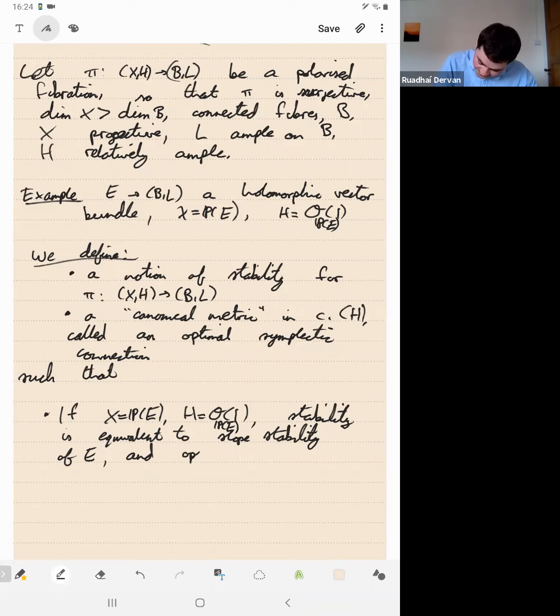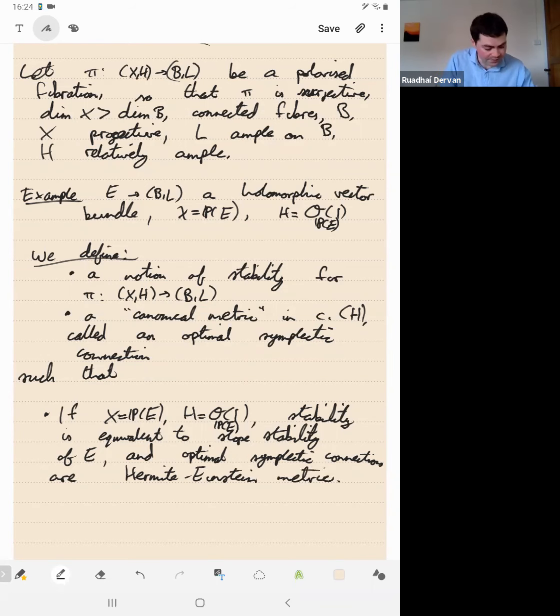So optimal symplectic connections are just Hermite-Einstein metrics in this case, or Hermitian-Yang-Mills connections.